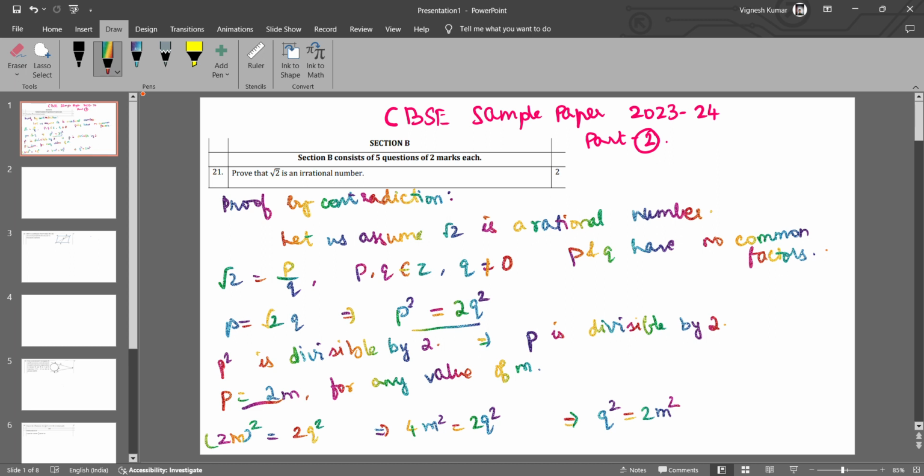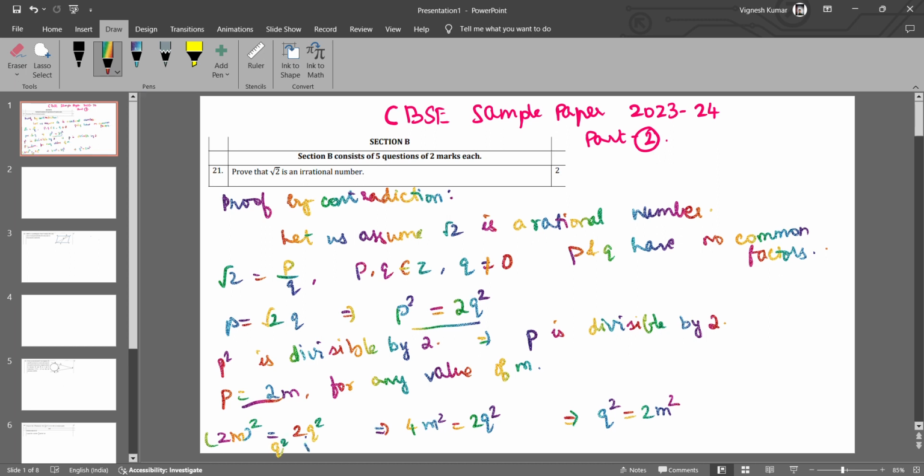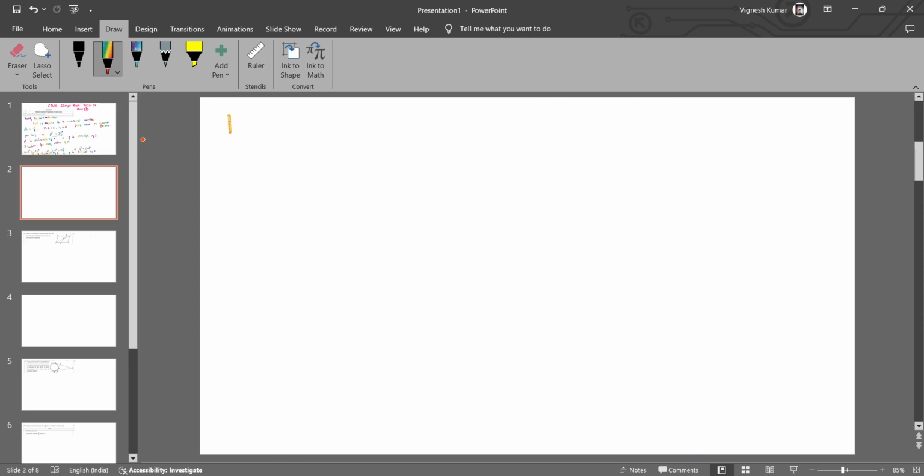So similarly we can write q square is divisible by 2, since q square is 2 into some value, and hence q will also be divisible by 2. So this means p and q both are divisible by 2.